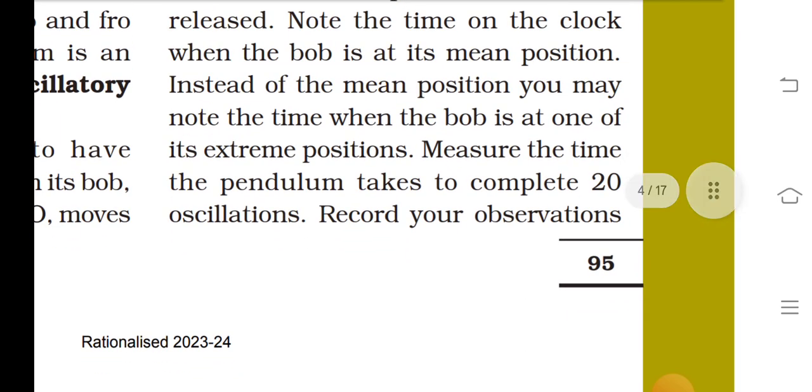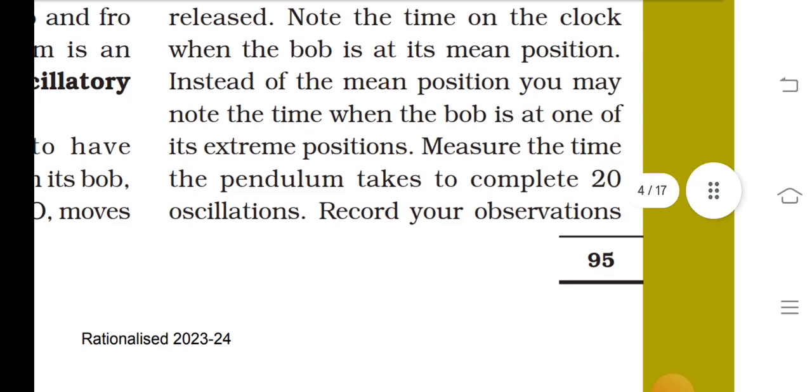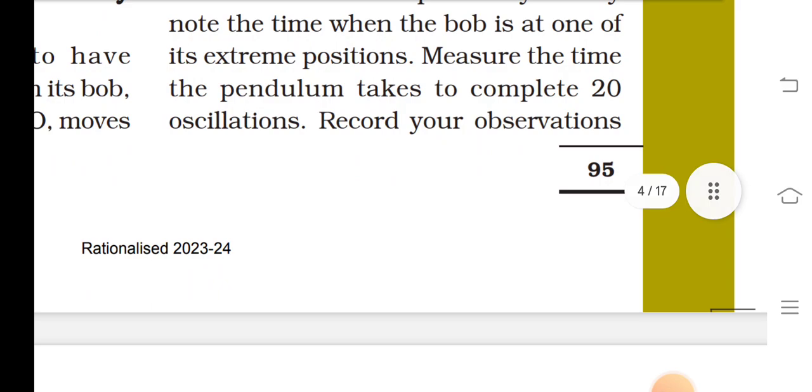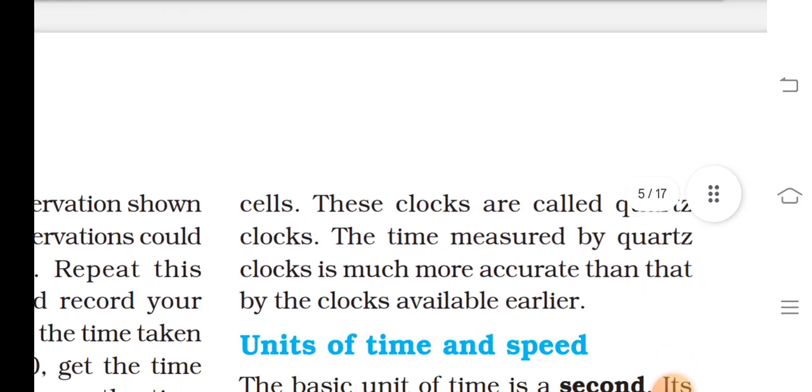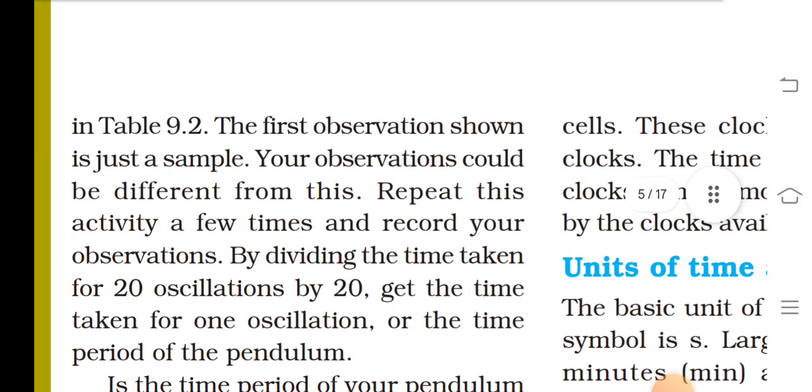Note the time on the clock when the bob is at the mean position. Instead of the mean position, you may note the time when the bob is at one extreme position. Measure the time the pendulum takes to complete 20 oscillations. Record your observations.